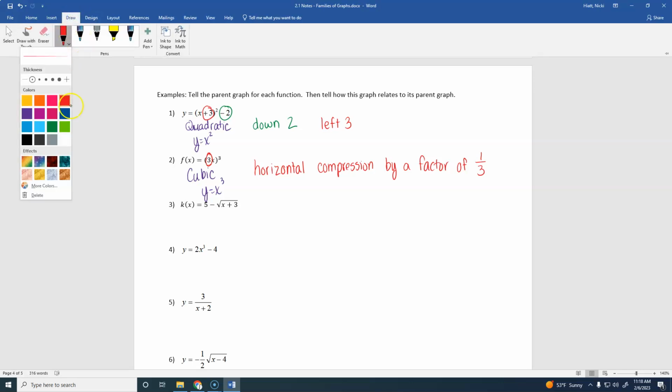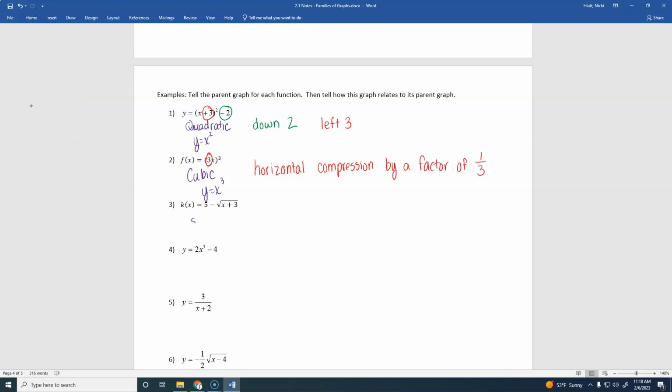Okay. All right, Liam, what is my parent function for number 3? Good. Okay, so just the square root of x would be the parent function for that. Smith, give me one thing that has happened to that graph.